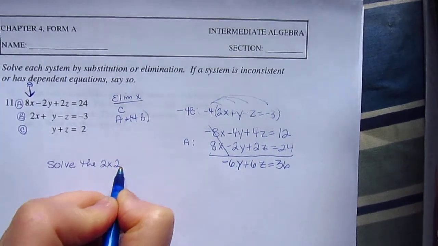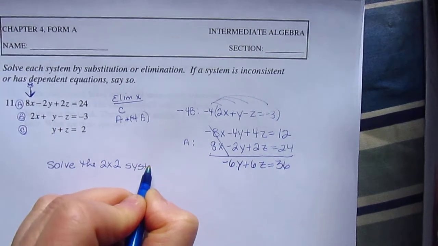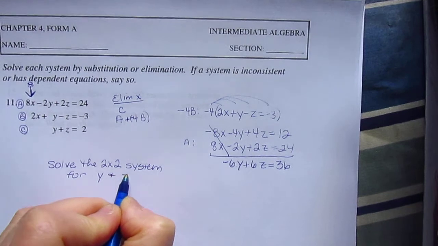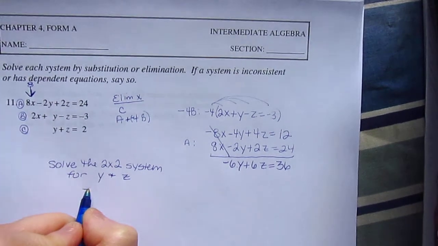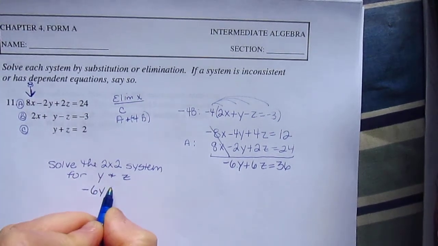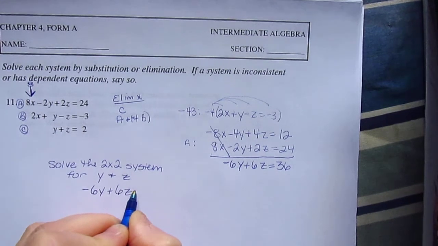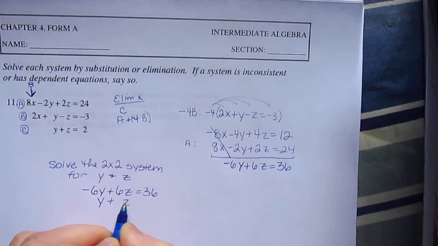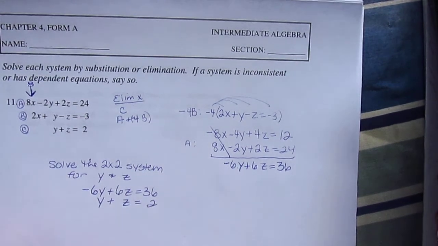So we're going to solve the 2 by 2 system for both variables y and z. First I have -6y plus 6z equals 36. I like to write them out first and then start solving. I need to eliminate one of the variables.